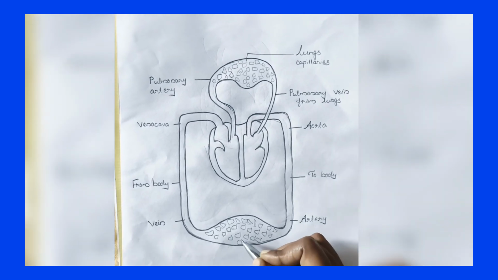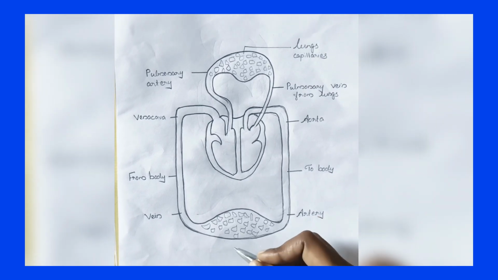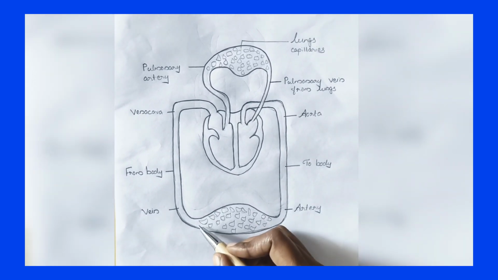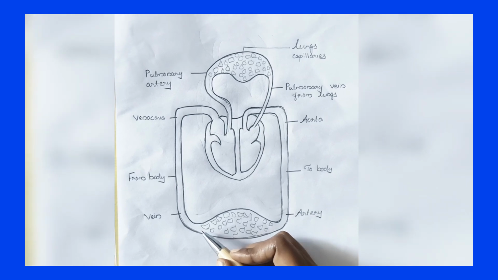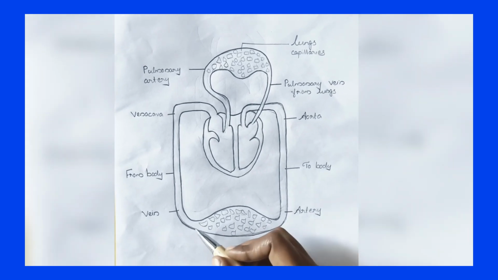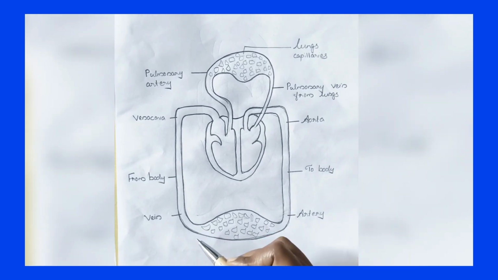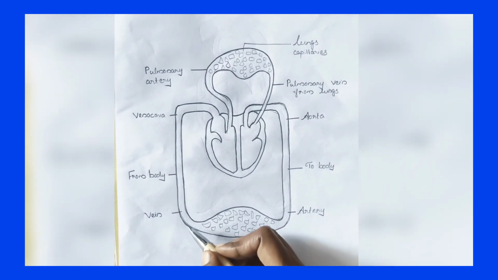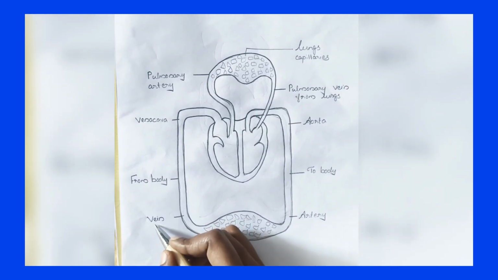After respiration, oxygen is used and carbon dioxide is released. That blood you can call deoxygenated blood, or impure blood.